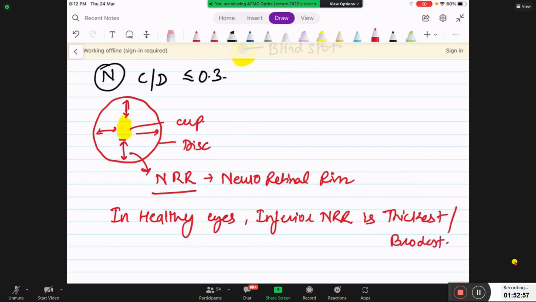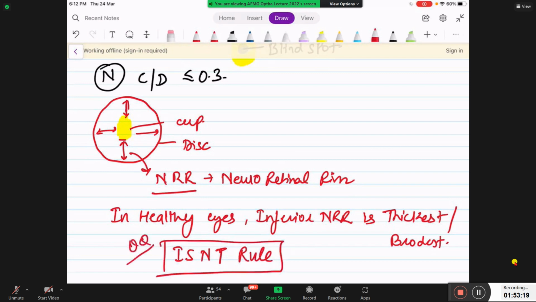As compared to other quadrants or sectors, the inferior NRR is broadest in a normal individual, in healthy eyes. And it follows a rule which is called the ISNT rule.